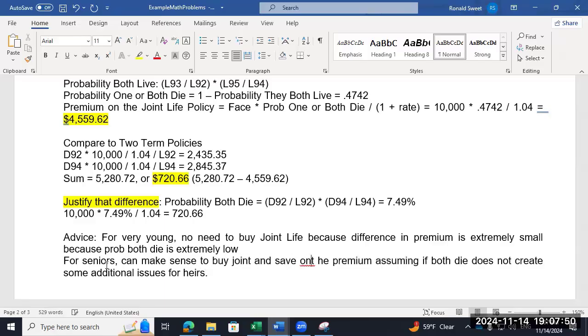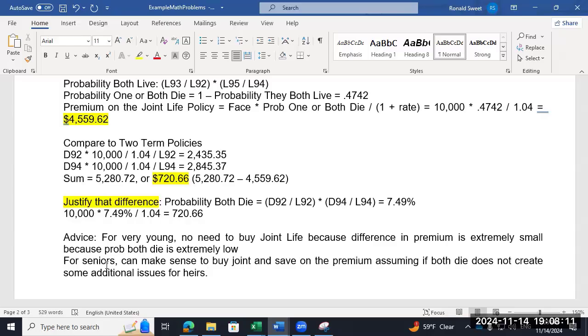So if it doesn't matter whether one dies or both die, the 10,000 bucks is what they need. They're going to do whatever with it. Maybe they're buying this policy so that if one dies, the other has 10,000 bucks because one pension is going to go away, something along those lines. Then yeah, just buy the joint life.